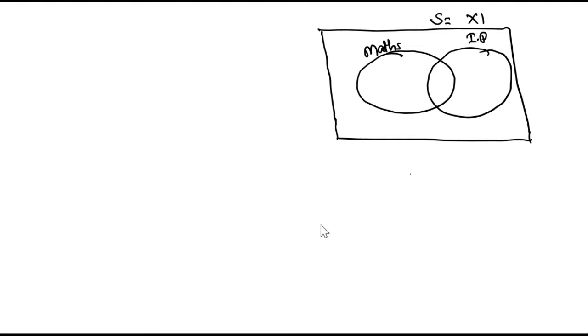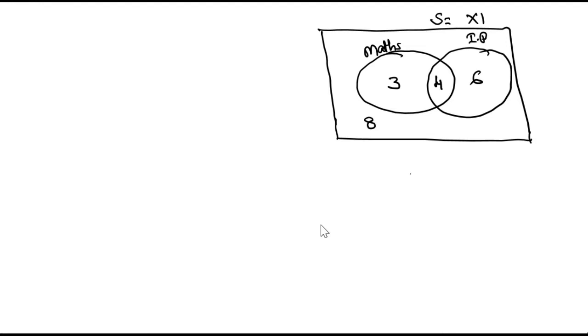Suppose there are 4 students who opted maths and IP, 7 students opted maths, 10 students opted IP, so 8 students opted neither maths nor IP.